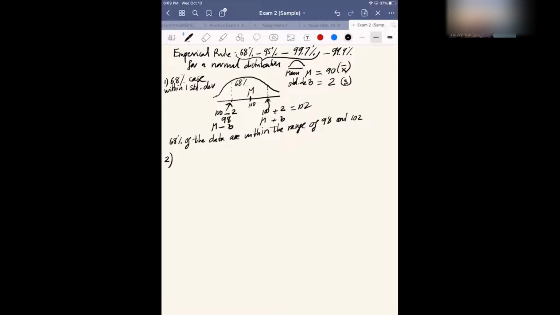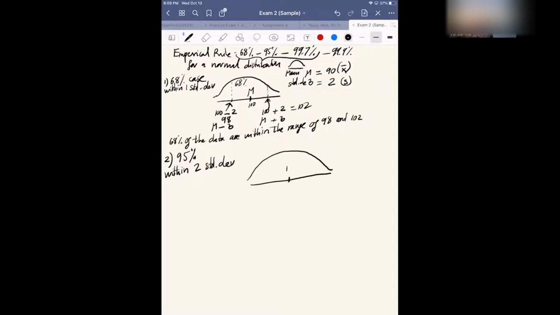The second case is the 95%. All right. And this case is within 2 standard deviations of the mean. Okay. In this case, you also have a normal distribution, and we use the same mean and the same standard deviation.